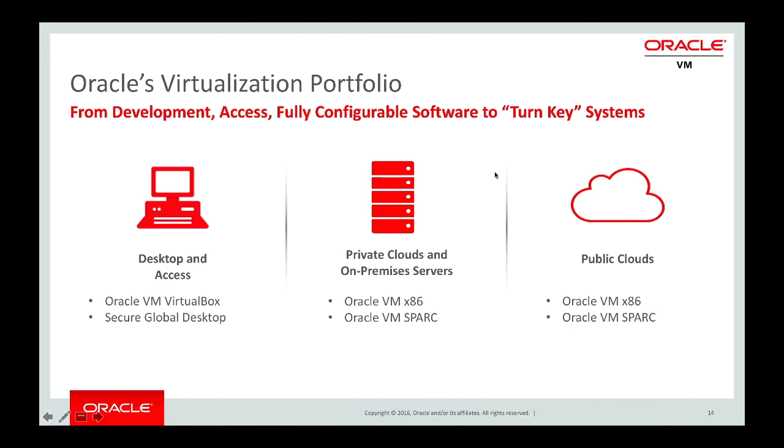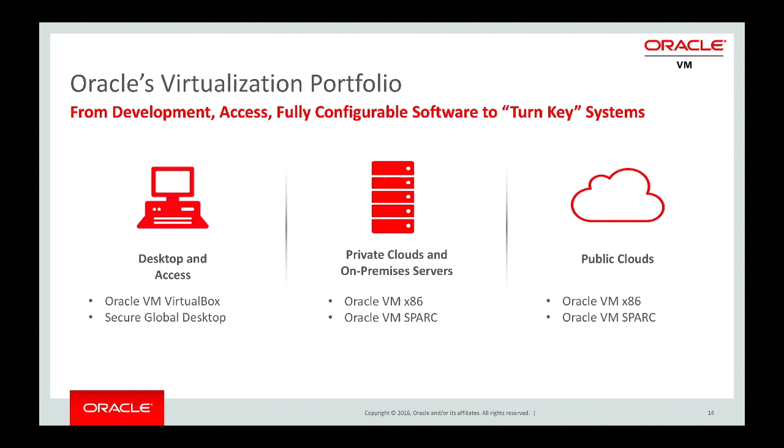Here you can see the Oracle virtualization portfolio, where we have solutions for desktops as VirtualBox and Secure Global Desktop, on-premise solutions like Oracle VM Server for x86 and Spark, and the Oracle Public Cloud. Let me introduce VirtualBox. This is a desktop virtualization product and it's part of Oracle virtualization portfolio.